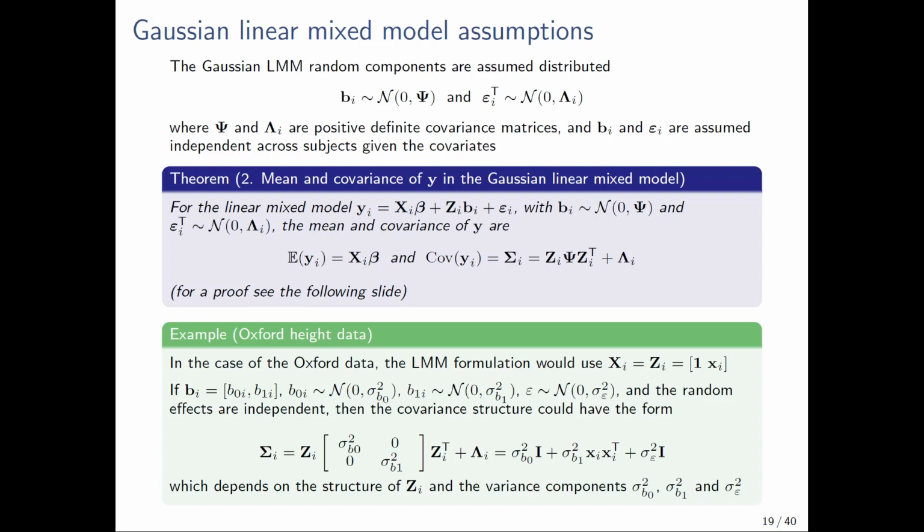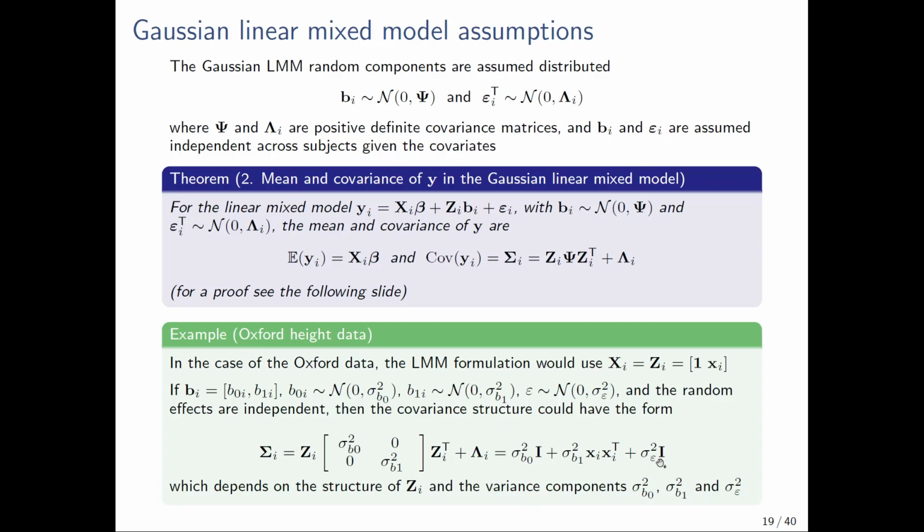If the intercept and slope random effects are normal with their respective variances, the error is normal with constant variance, and the random effects are independent of one another, then the covariance structure takes the form shown at the bottom: sigma squared b0 times the identity plus sigma squared b1 times X_i X_i transpose plus sigma squared epsilon times the identity.